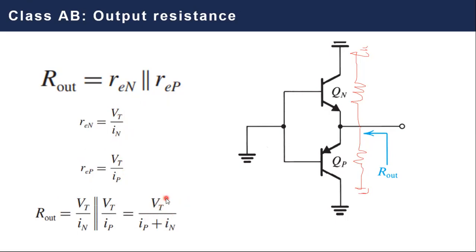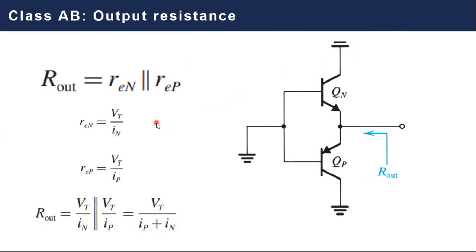So you can understand from this equivalent output resistance that the higher the current, the lower the resistance. And herein, as we are considering a high power amplifier, we are considering a relatively high current. That's why we get a low output resistance. This is simply how we can consider the output resistance in a class AB or a class B output stage power amplifier.